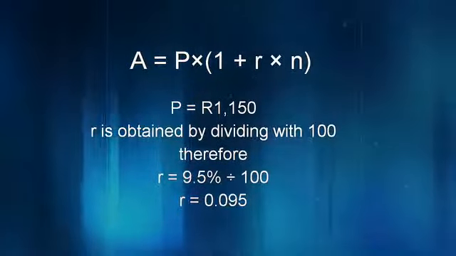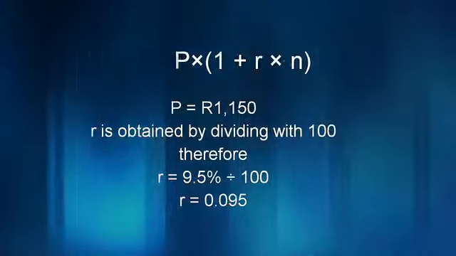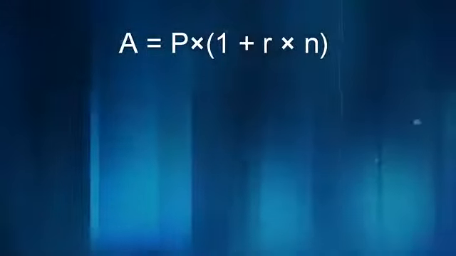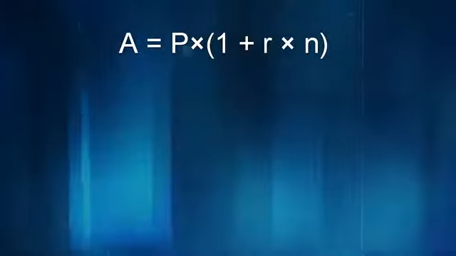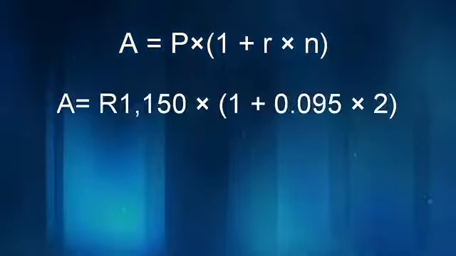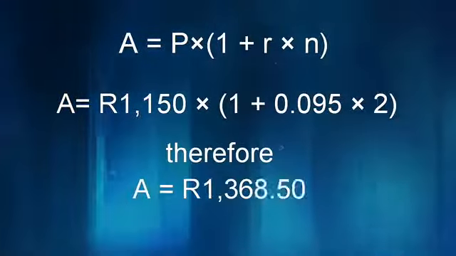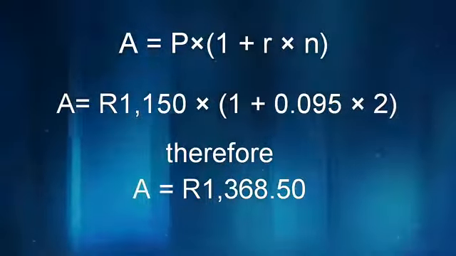The one that we are provided with, we divide by 100 and then we multiply by the payment interval, which is 2. So 2 payment intervals are going to be made. Then we substitute everything, work it out on our calculator, and the amount that we get is 1,368 rands 50 cents.